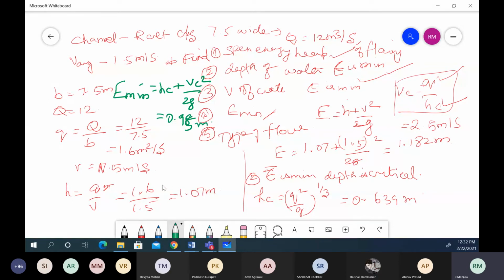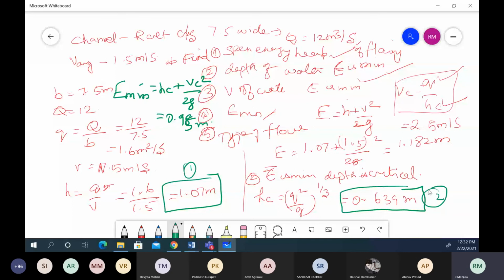What is the type of flow? What do you actually have? Your H is 1.07 meters and your Hc is 0.639 meters. So which is higher, H or Hc? Compare the depths of H and Hc, which is higher?